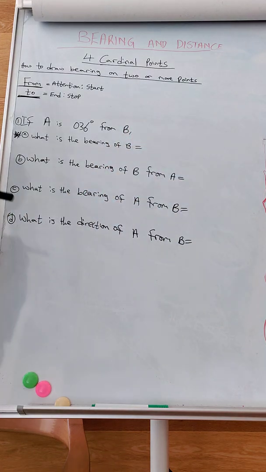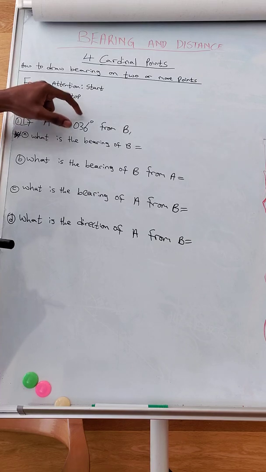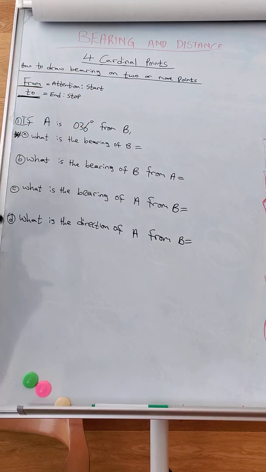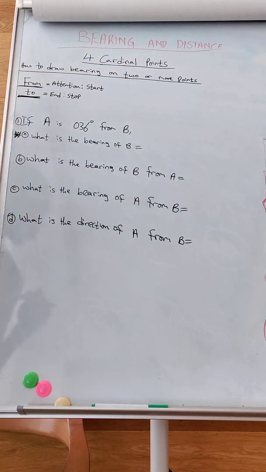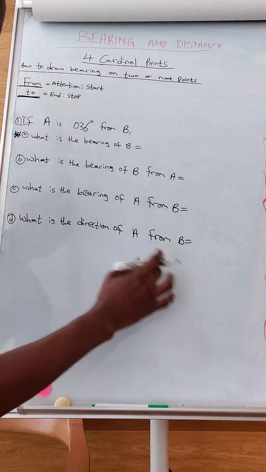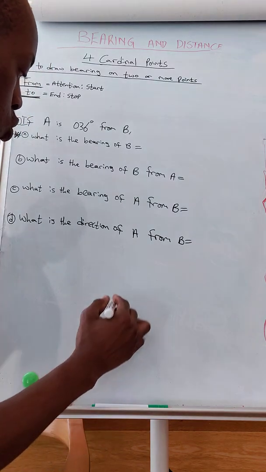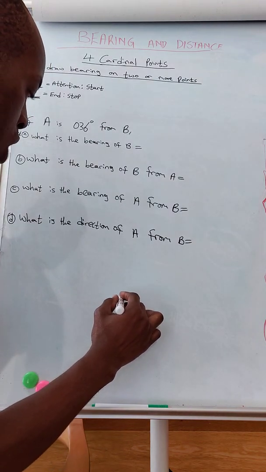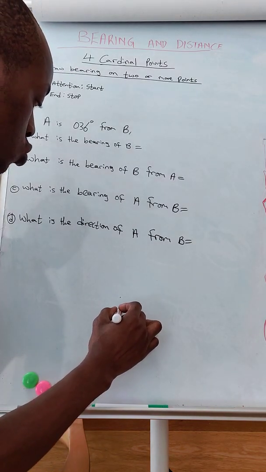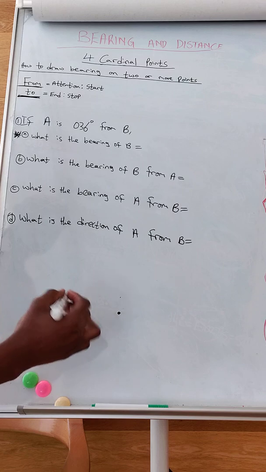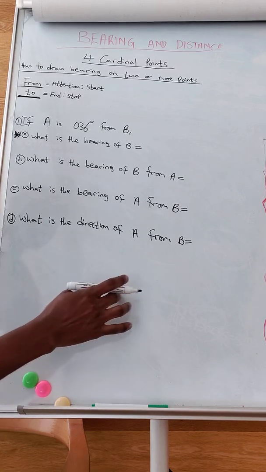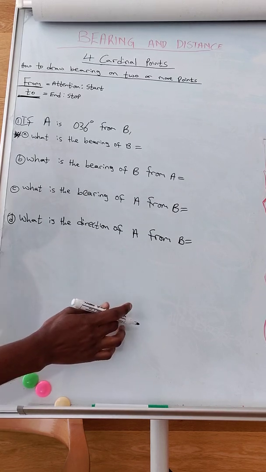Now, let's start with the question. If A is 036 degrees from B, go to the middle of your notes. This is our note for today. We first of all want to draw our four cardinal points, but you have to choose a point first. We have chosen a point. But what is the name of this point that we have chosen?